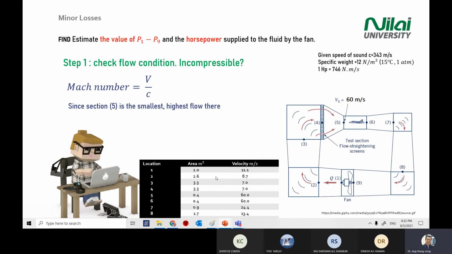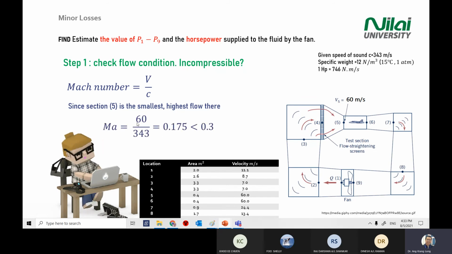So first, you need to check where is the maximum speed that you have inside the system. From the table that you see on the screen here, the maximum will be 60 meters per second. Section 5 will give you 60 meters per second. And the local speed of sound will be 343.